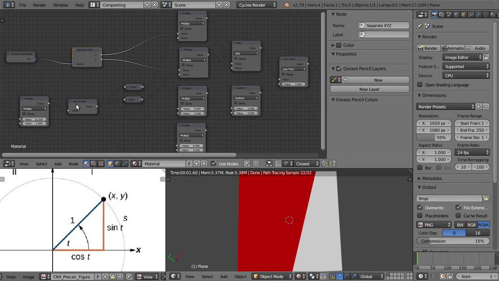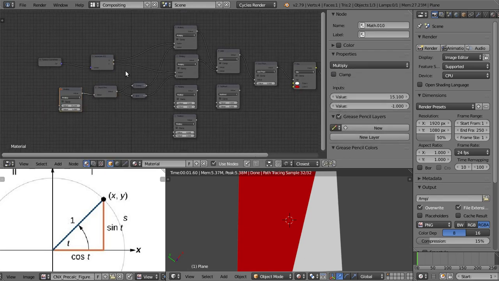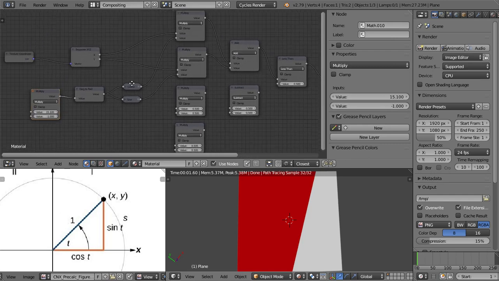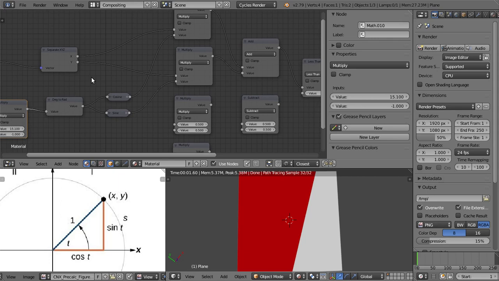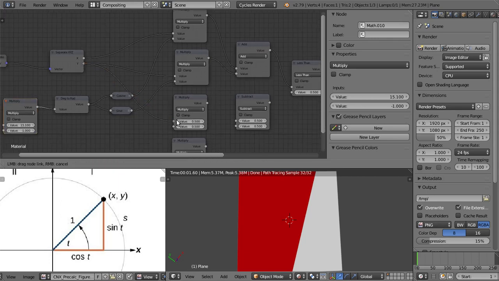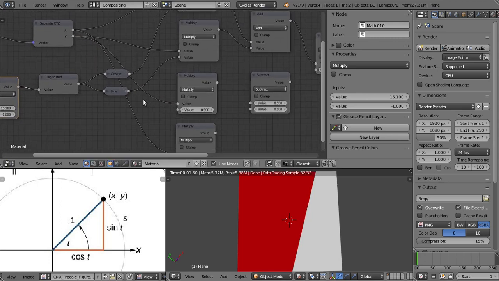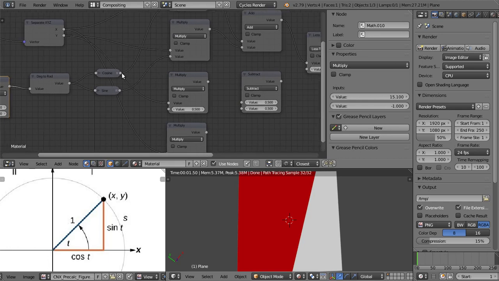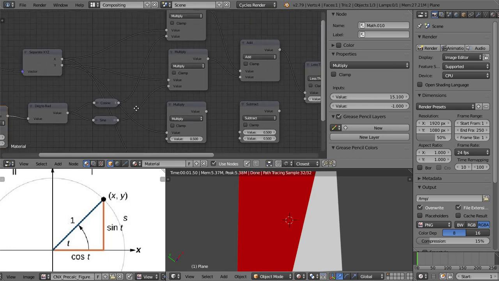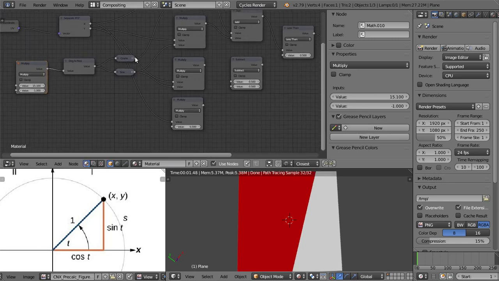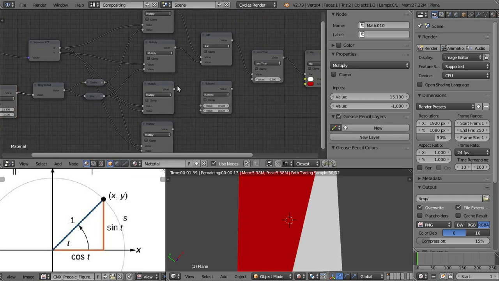Square net. Y, and now I will do X, I believe. I believe you reverse them and subtract them for the other way around. So this will be sine, and this one will be cosine, and then you subtract these two.